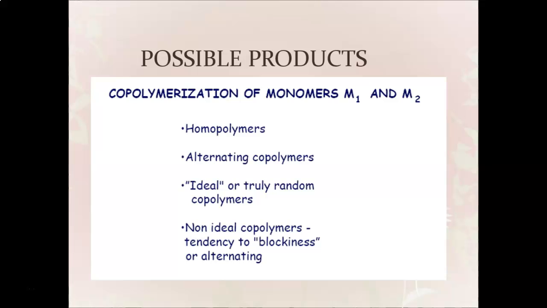So copolymerization of monomers involves M1, which is monomer 1, and M2, at least monomer 2, and will produce homopolymer, alternate, ideal, or truly random. Okay, so the ideal copolymer, we call it a random copolymer, and also non-ideal copolymer has a tendency toward blockiness or alternating. For non-ideal, it will lead to producing block or alternate copolymer.